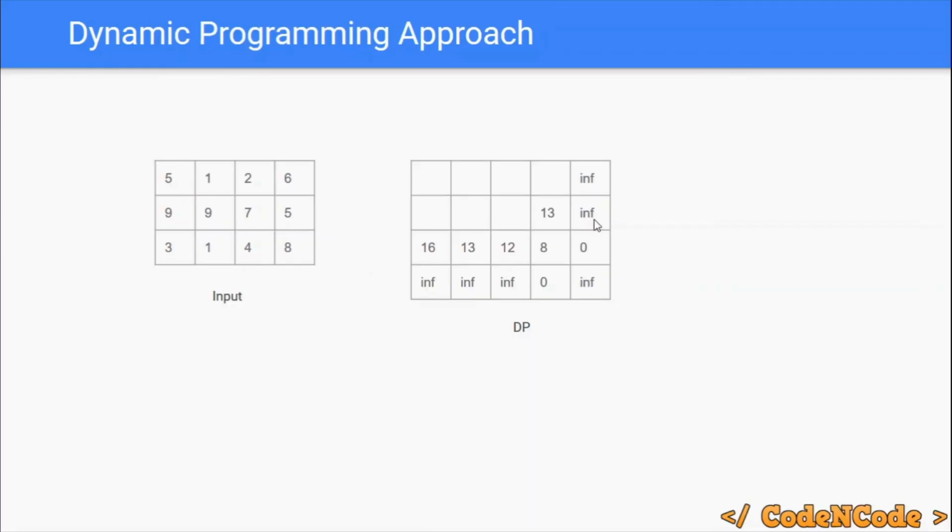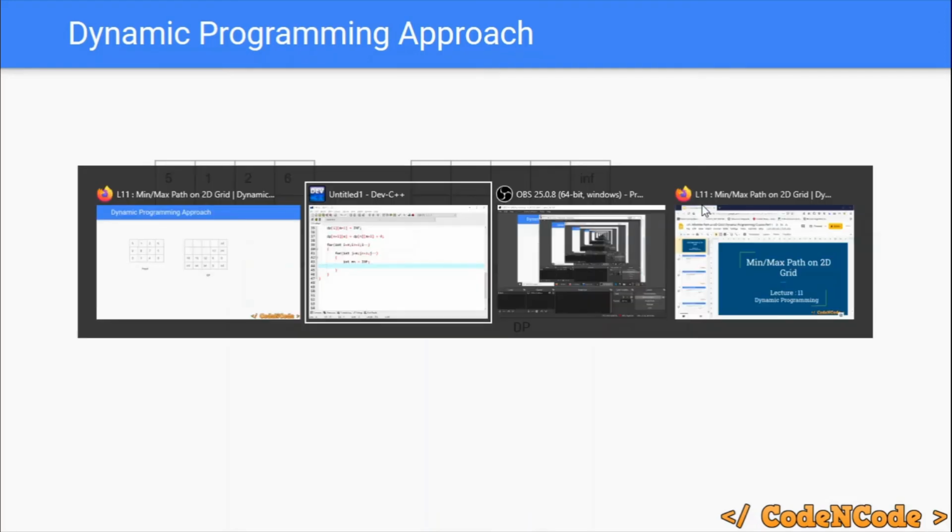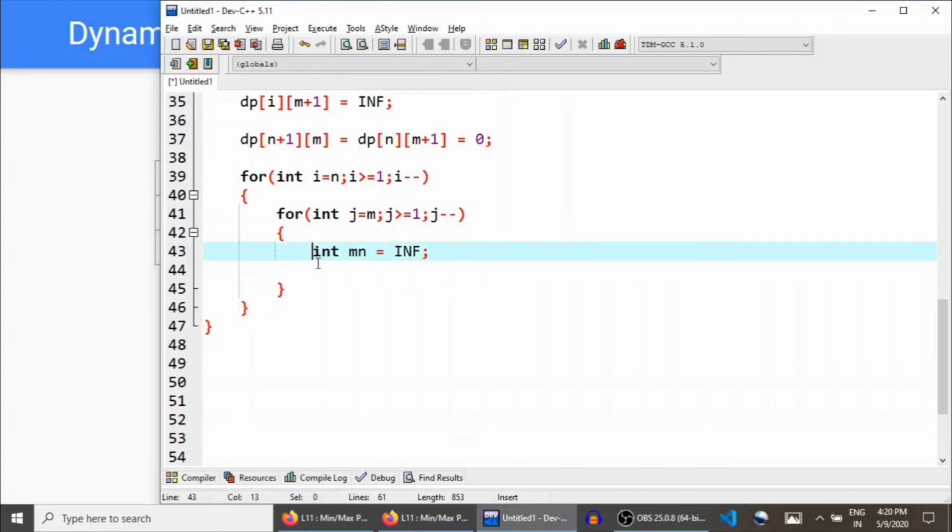Each time a minimum will exist, so there is no problem here. So dp of ij is equal to the cost of that cell itself, so ar of ij, plus the minimum of dp of i plus 1 j or dp of i j plus 1.